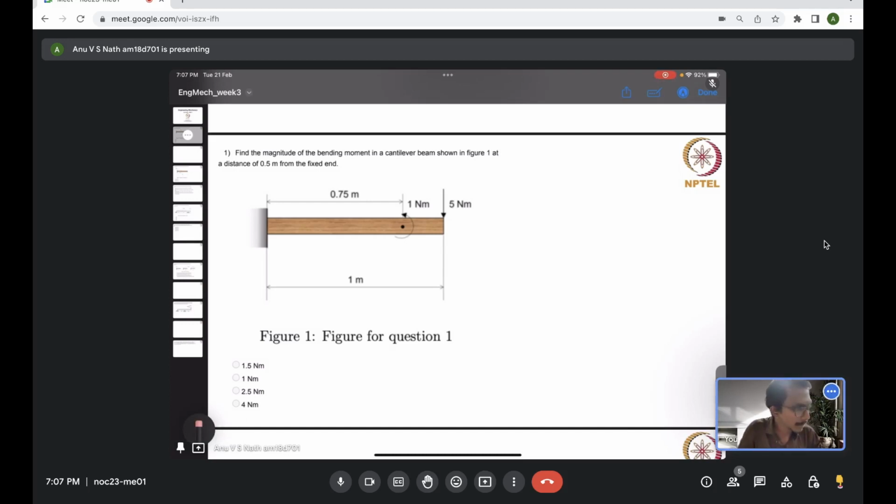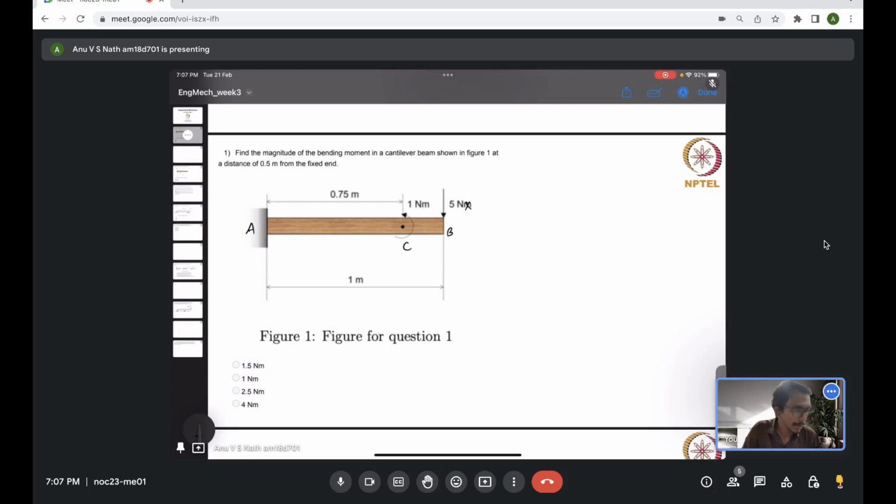So basically this is a fixed end. I am marking that as, let's say, the end A, and let's say the other free end is B, and remember there is a force at the free end B, 5 Newton. This is only Newton, it's not Newton meter, it's just a force. And at 0.75 meter from the fixed end, that is point C, there is a 1 Newton meter moment acting.